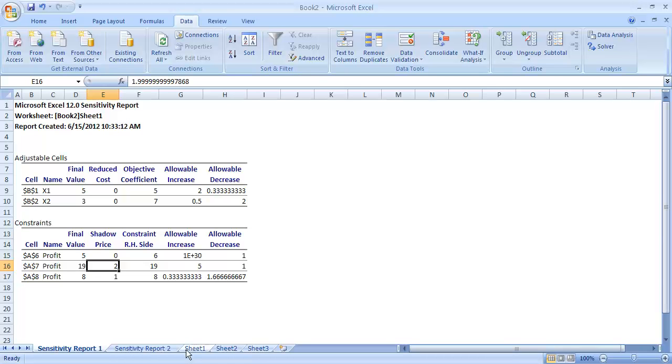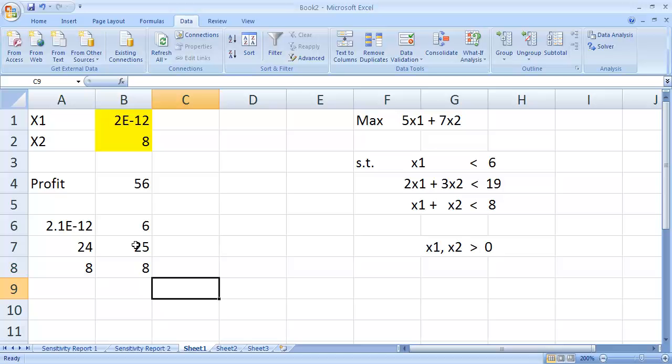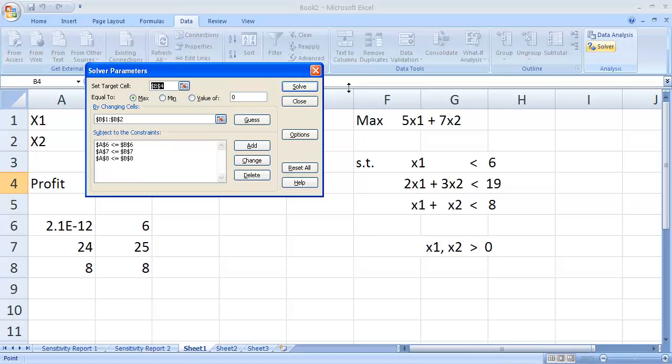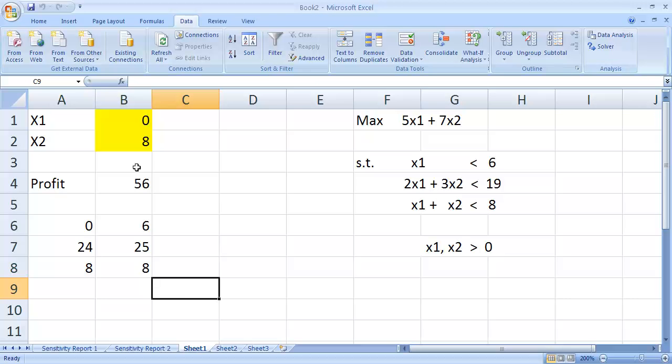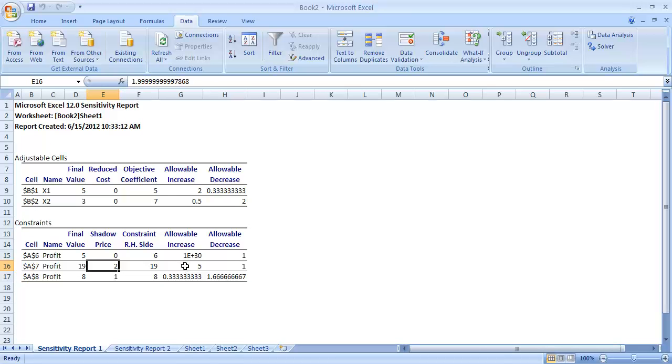So let's prove that. I'm going to raise that to 25, and it's not going to go up to 58, I don't think. In fact it did not. It stayed the same. So this third constraint is preventing additional profits.